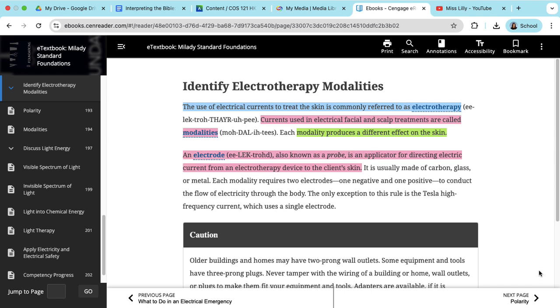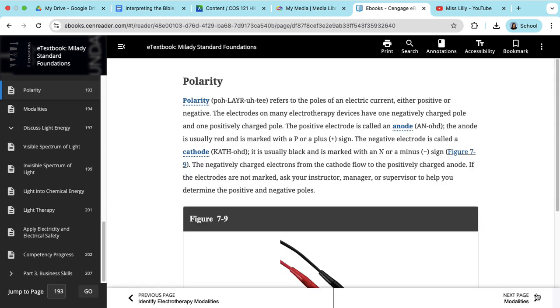Polarity. Polarity refers to the poles of an electric current, either positive or negative. The positive electrode is called the anode. The anode is usually red with the P or plus sign.